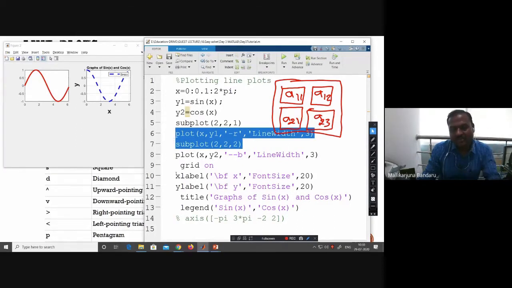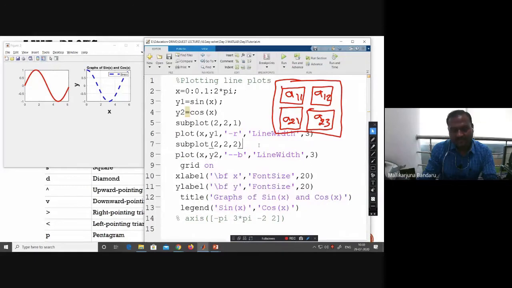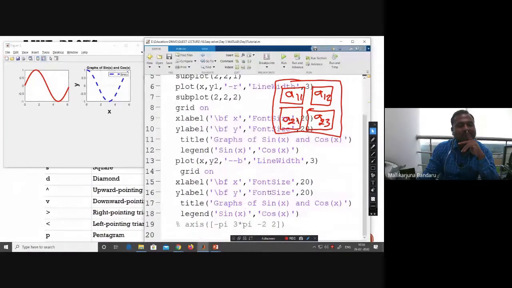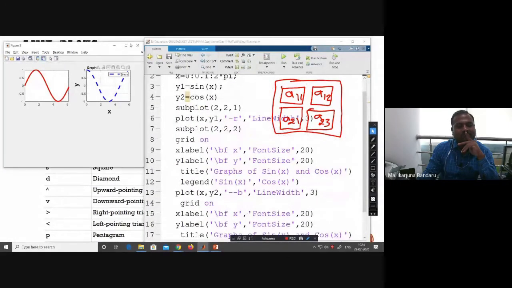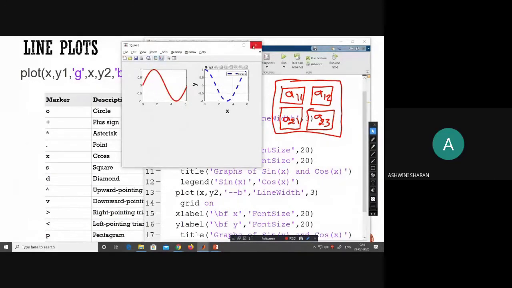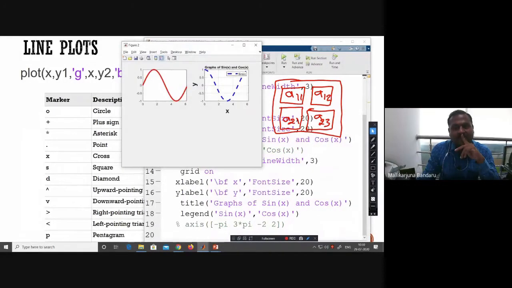So that means again you copy all these things like this. Now you run this file, then see what it is. Maybe in the legend it is showing the error, so that's why it's coming like this.